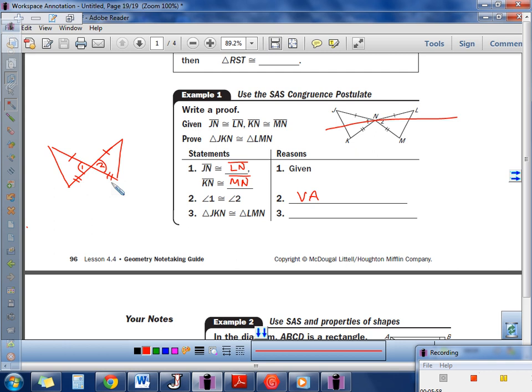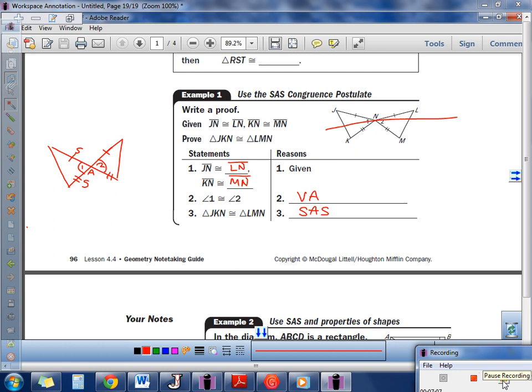Yes, because side, angle, side. And you can put SAS to remind yourself. It kind of spells it out. Side, angle, side. And once again, those reasons such as CPCTC, side, angle, side, HL, you can only state them at the very, very last reason. That's the only place they can ever go. So please make sure of that.